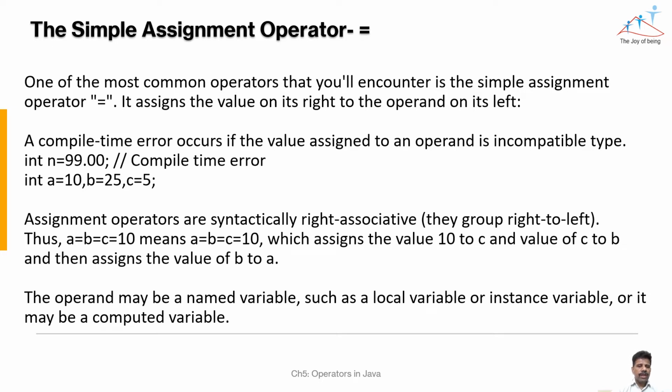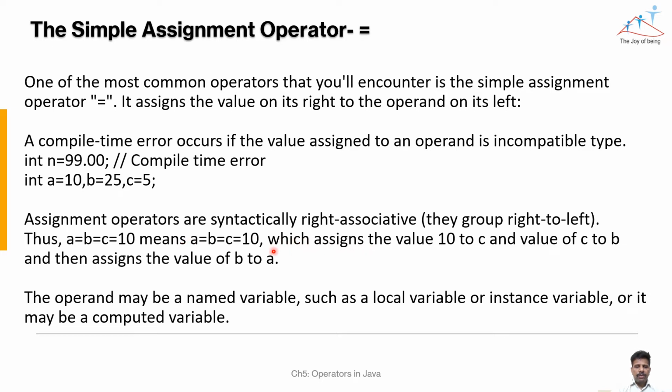Next, the assignment operators are syntactically right associative. They group right to left. So if we write the expression a = b = c = 10, it is evaluated from right to left.